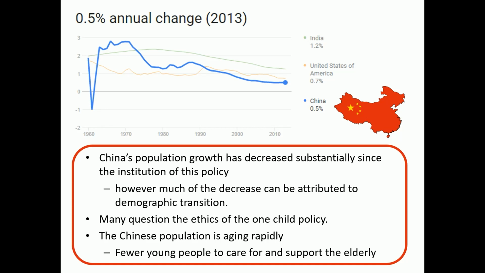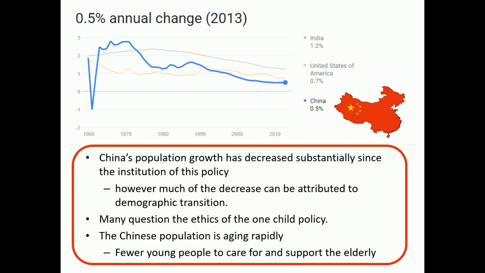And when I say support them, I mean financially through taxes, because that's how we support the elderly: young people with jobs pay taxes, and then that tax money goes into social programs to help support the elderly, but also in extended family units, right? Like multi-generational homes are one way that we take care of the elderly. And having live-in nurses and care workers and people that staff retirement homes, right?